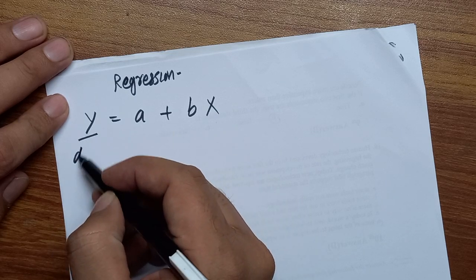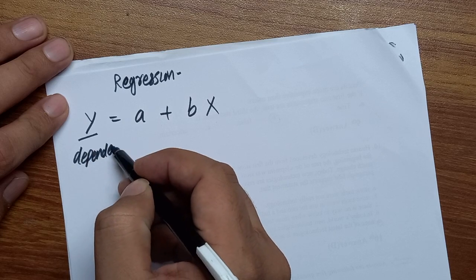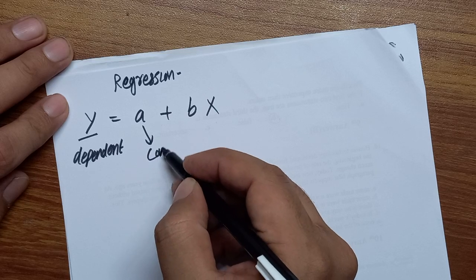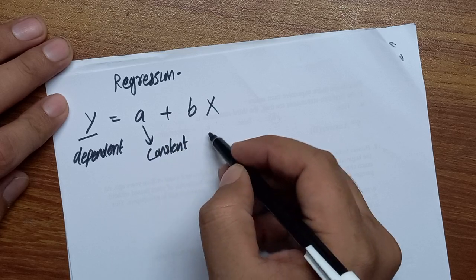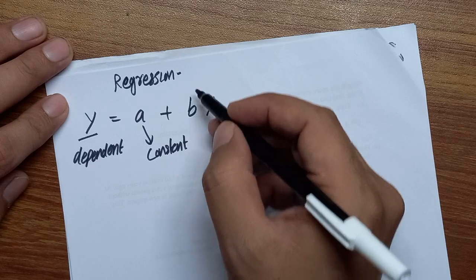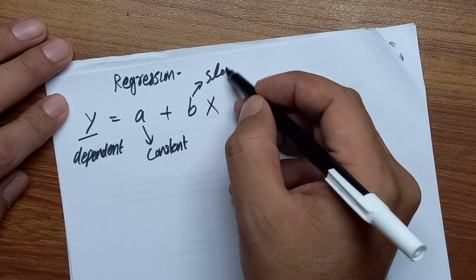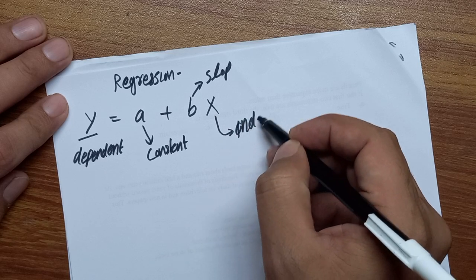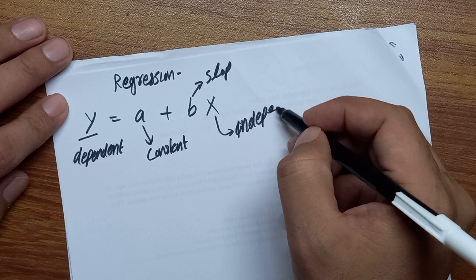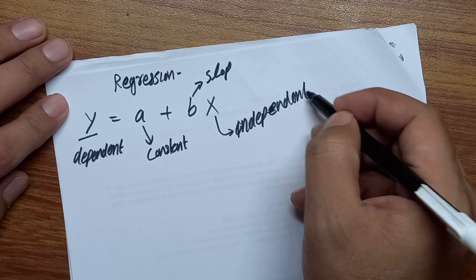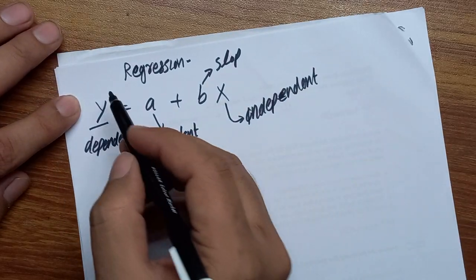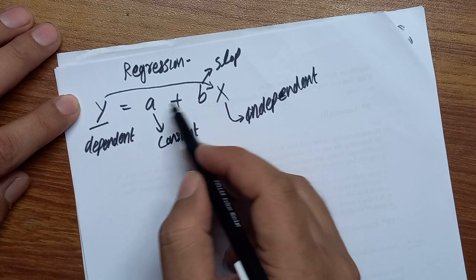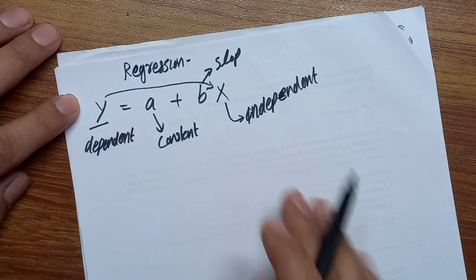This is the dependent variable, this is constant or intercept, this is slope, and this is the independent variable. So y depends on x. When x is changing, y will also be changing.